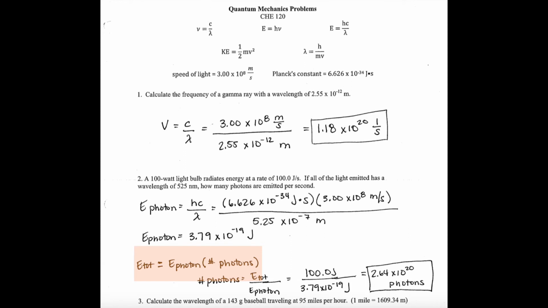This equation was in the slide packet that you were asked to read. So if we use this equation, we know the total energy of the light bulb is 100 joules. We calculated that the energy of one photon was 3.79 times 10 to the negative 19th joules. And when we do that calculation, we get 2.64 times 10 to the 20th photons from the light bulb.